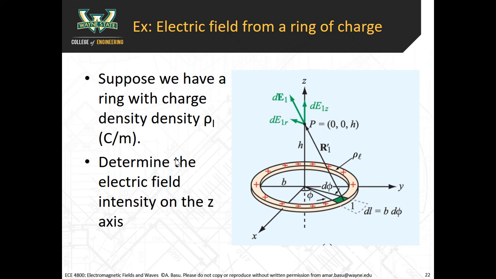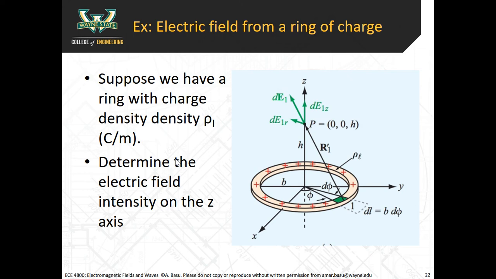So, can we use Gauss's law in this problem? I heard no's from people. Why can't we use Gauss's law in this problem? Yeah, we can't get a surface where the field is uniform.